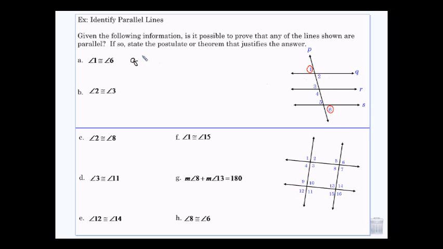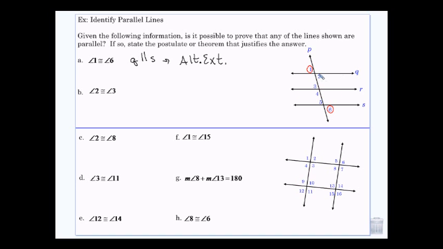So this will make Q parallel to S by alternate exterior. We don't know about R yet. I can't say anything about R because I don't know anything about these two yet. So I have 1 and 6, so that's Q and S.